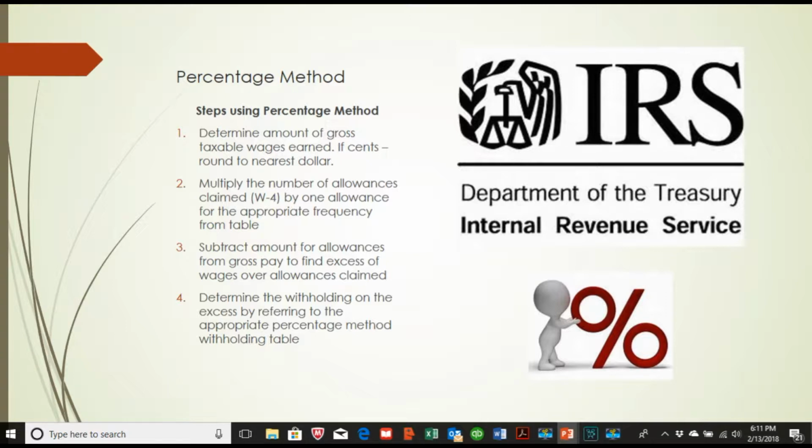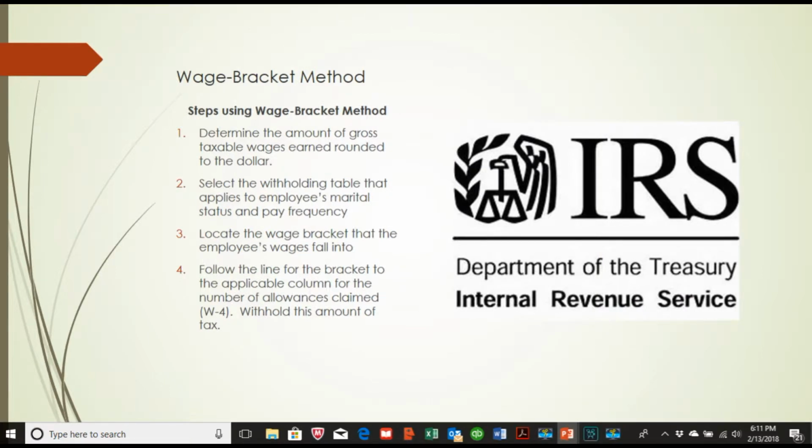Now, the wage bracket method also has IRS statutory wage bracket method tables for the different pay frequencies that are available. Again, we're using the 2017, although the 2018 were just recently released.